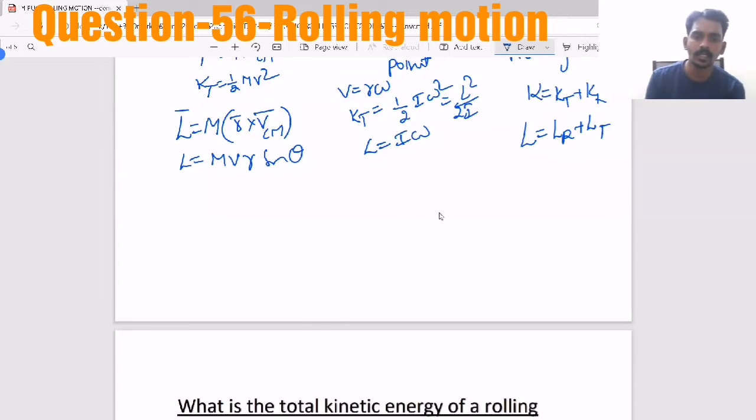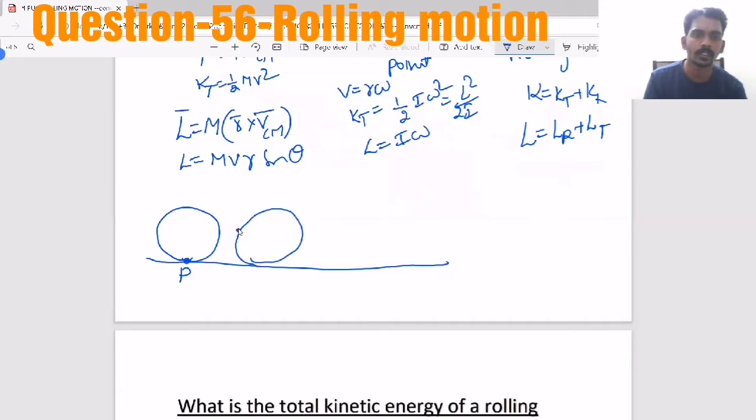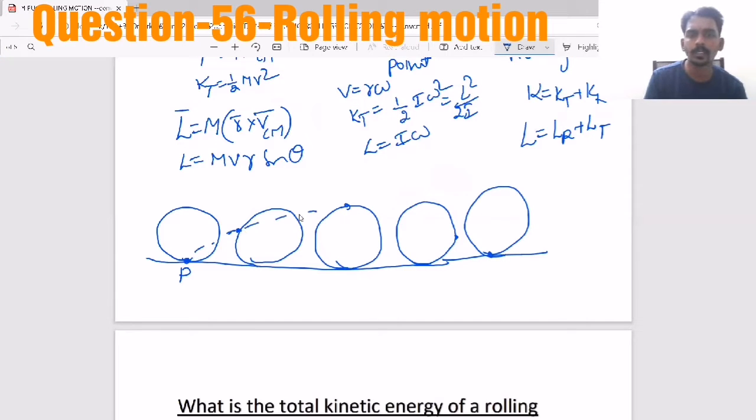Now when you consider rolling motion, this is one instant. Let's take this as the point of contact. Next it will move to here, next here, next here, next here. Like that, the path of that point is very complicated. The path of the particle is a kind of helical path.